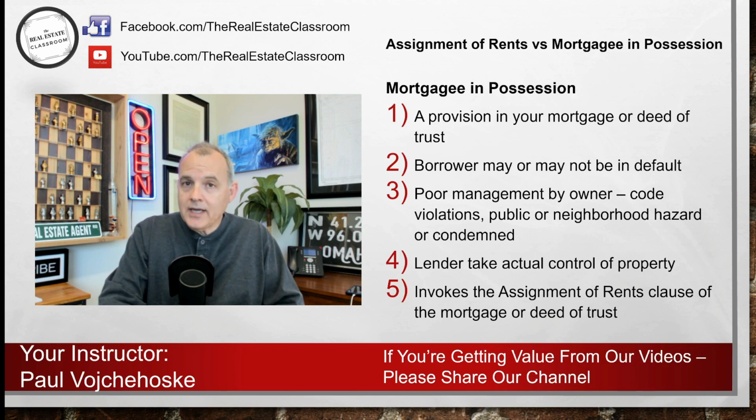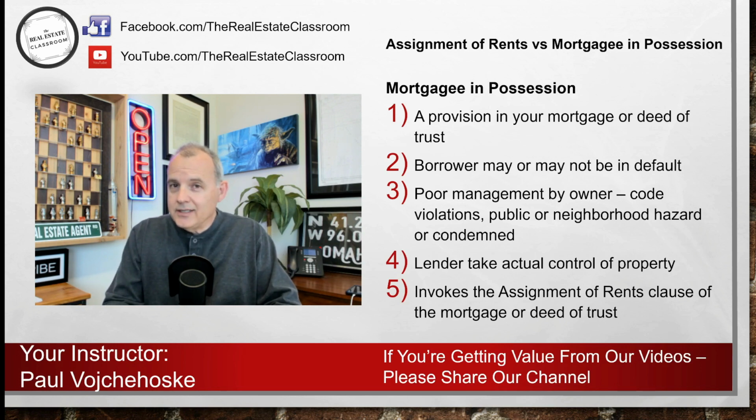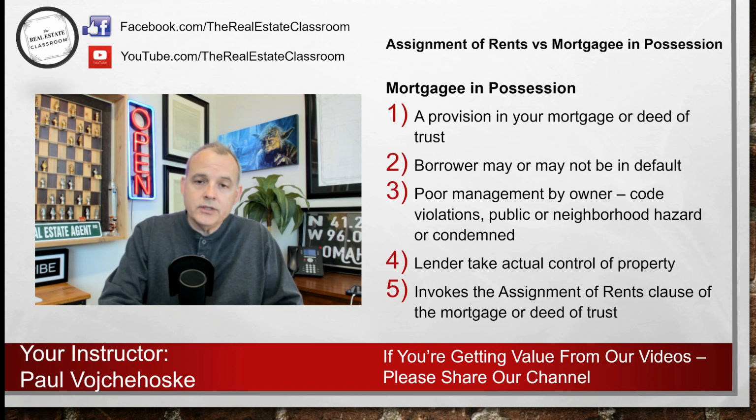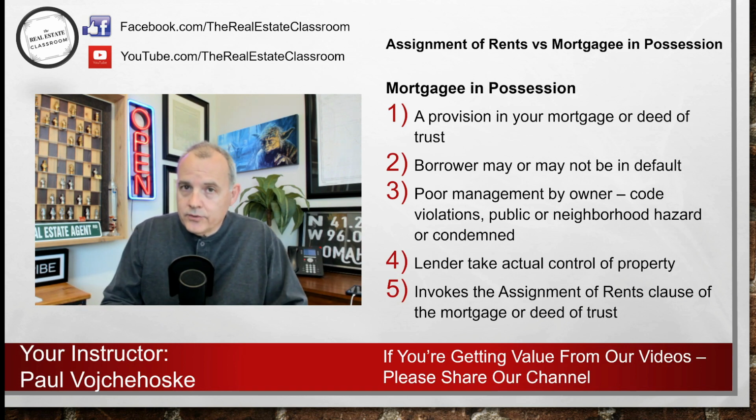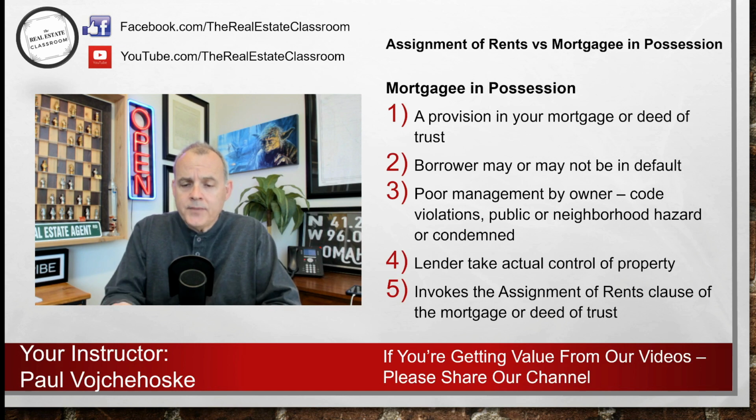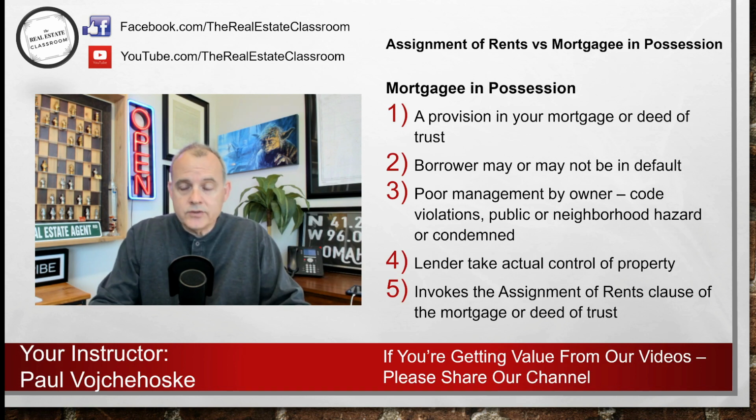Now, at this point, title hasn't transferred and it doesn't need to. The owner still has legal title, but because of those agreements that the borrower has signed, the lender is invoking mortgagee in possession. They take physical control of the property, which means maintenance and everything else, collecting of the rents and so forth.